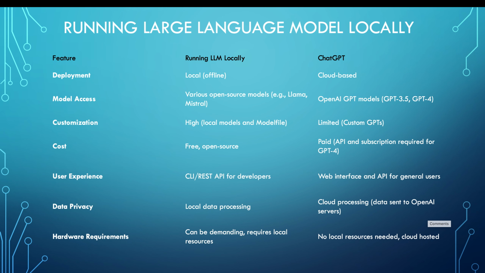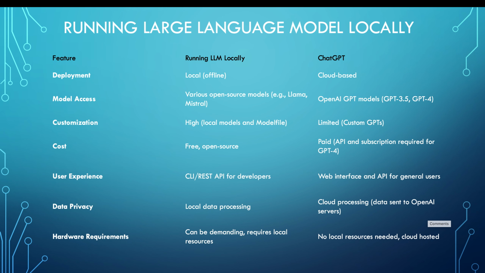Today we're going to talk about running large language models locally. If you have experience using ChatGPT built by OpenAI, what we're going to see here is how to run similar GPT models, which are open source like LLaMA and Mistral, locally and offline, which makes it free and open source.